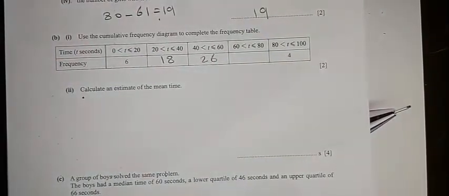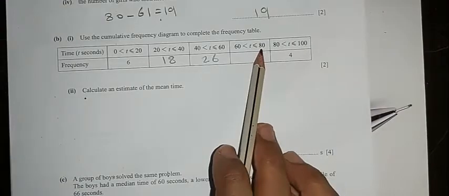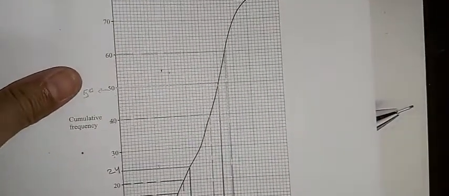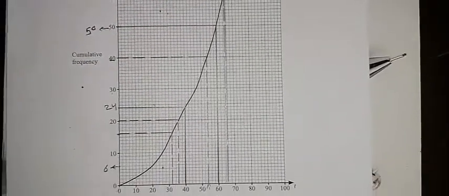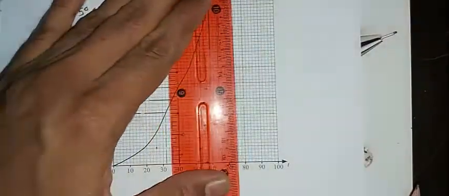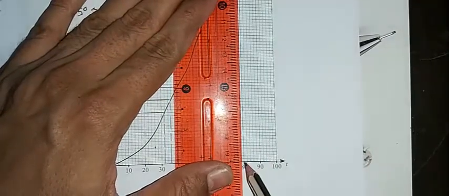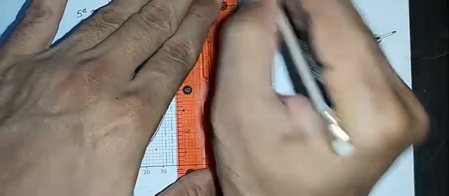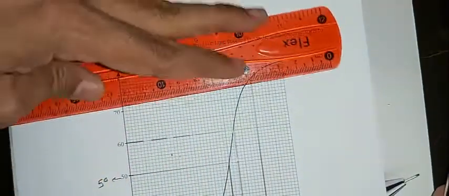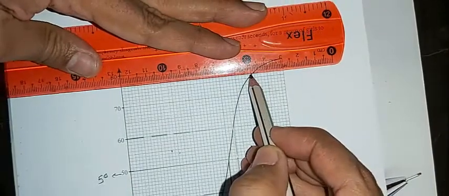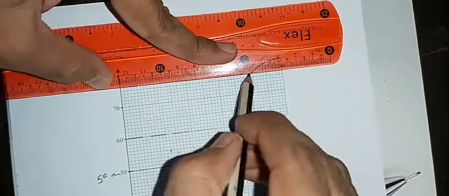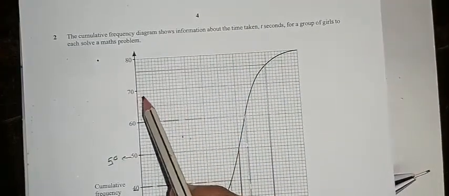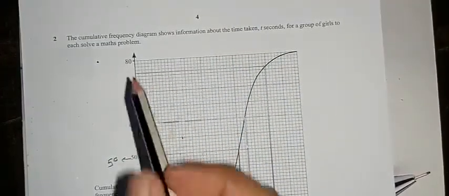And this class here from 60 to 80, we will go to upper bound 80. 80 is here. From 80 draw a line, then this line here. Here the value is 70, this is 75, 76.